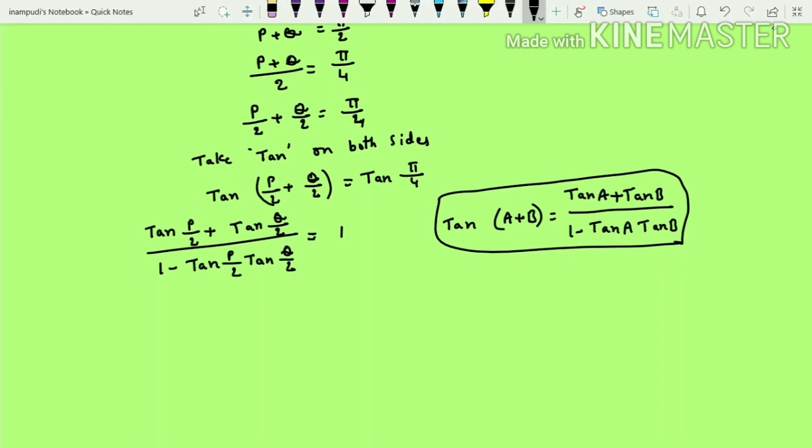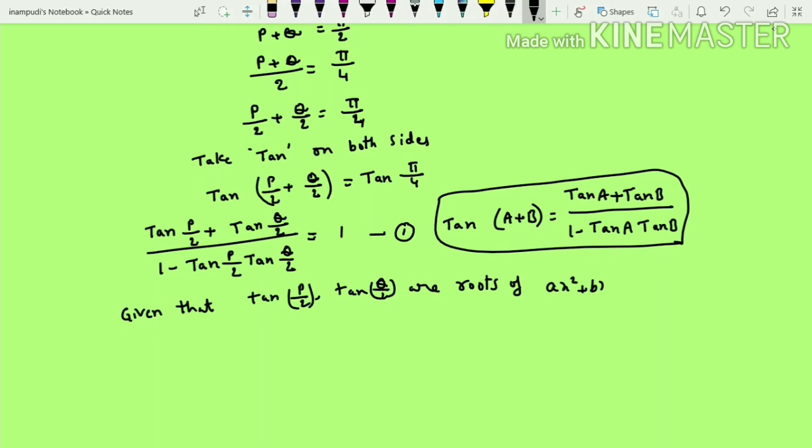Therefore, this is the first equation. We know that given tan P by 2 and tan Q by 2 are roots of a x square plus b x plus c equal to 0.